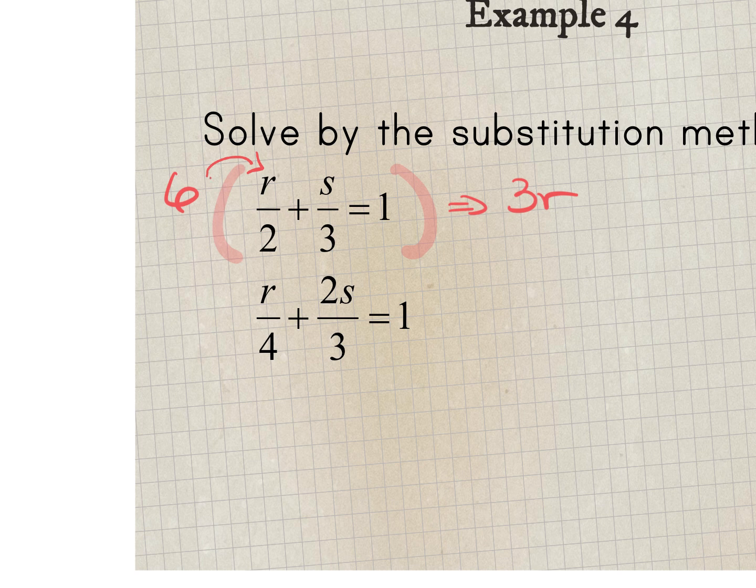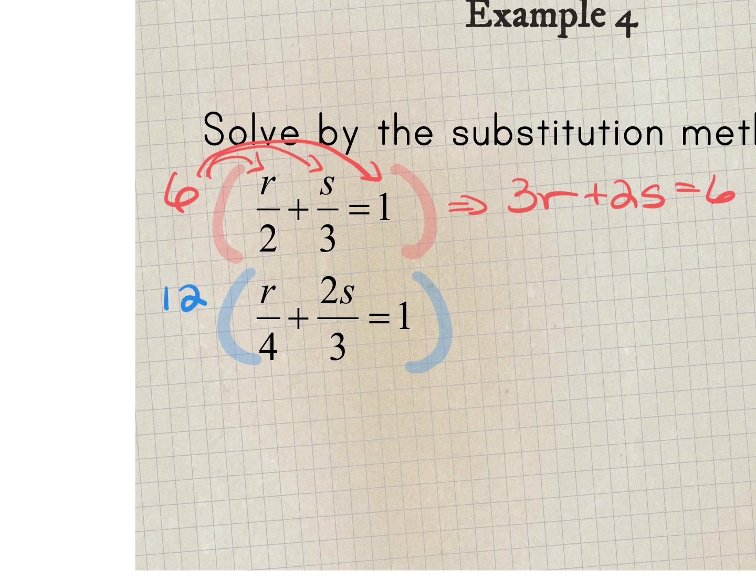Then I'm going to distribute it to the s over 3. This will give me 6s over 3, which will give me 2s. Then I'm going to distribute it to the 1, and I'm left with equals 6. I'm going to do the same thing on the second equation. I'm going to multiply by its common denominator, and the LCD between 4 and 3 is going to be 12.